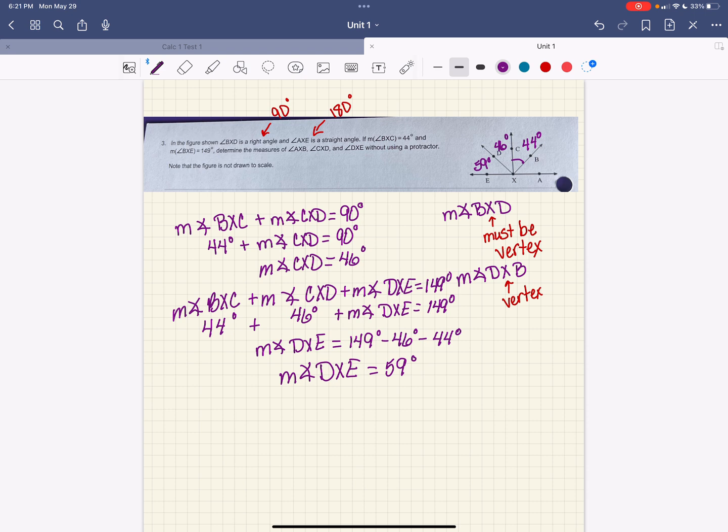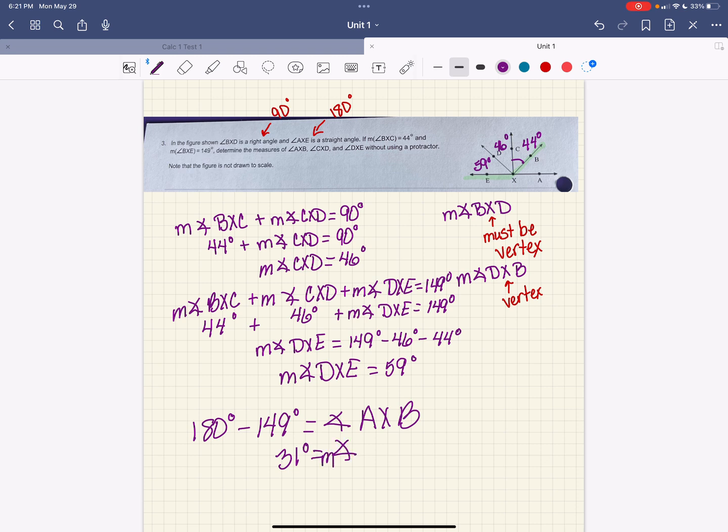We can also look at this angle right here because we know this angle is 149 degrees. So I can say 180 degrees minus 149 degrees is going to be the measurement of AXB, and the measurement of AXB is 31 degrees.